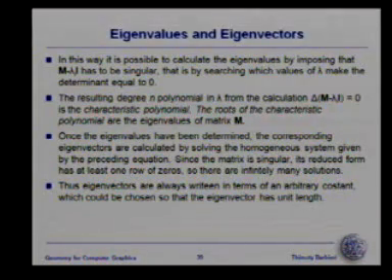The roots of the characteristic polynomial are the eigenvalues for the matrix M. Once you determine the eigenvalues, you can calculate the corresponding eigenvectors. One eigenvector for each eigenvalue that you calculated. So it depends on the roots of the characteristic polynomial.